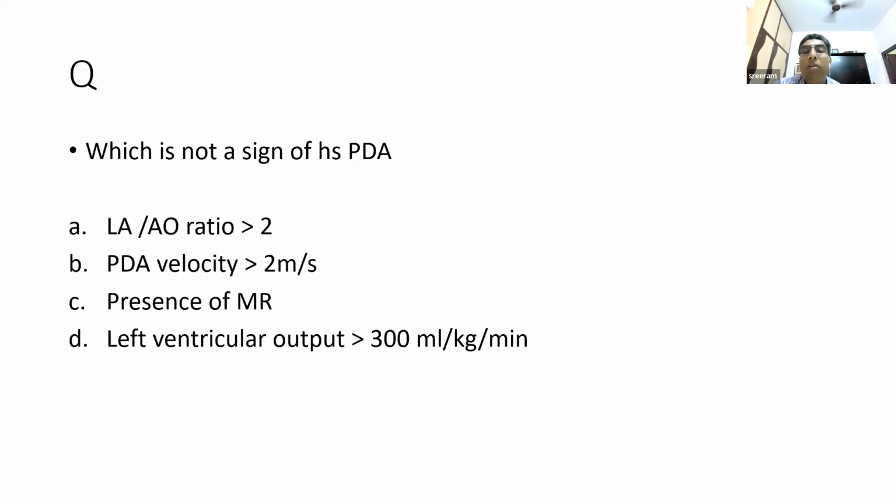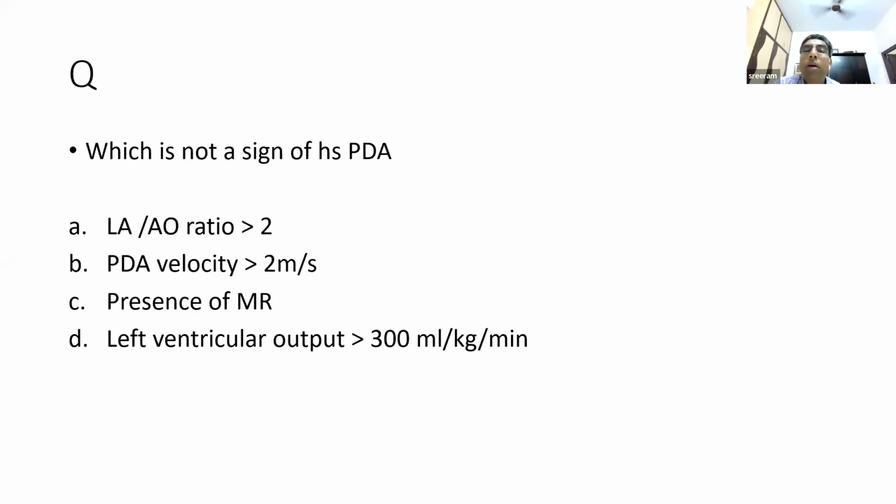MR is mitral regurgitation. Everyone is writing D. Left ventricular output more than 300.